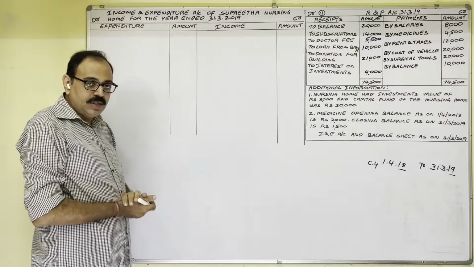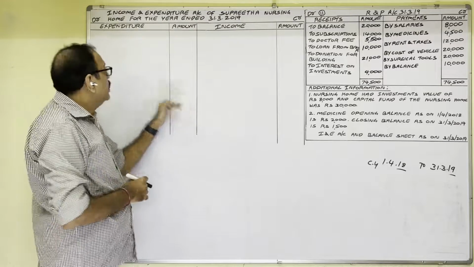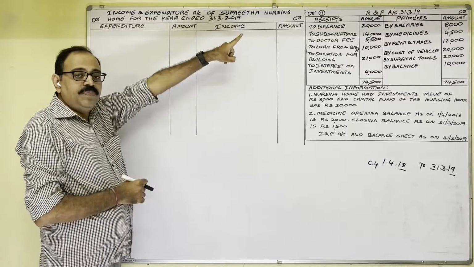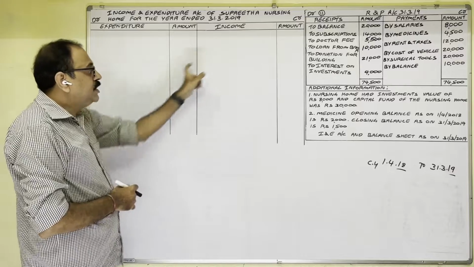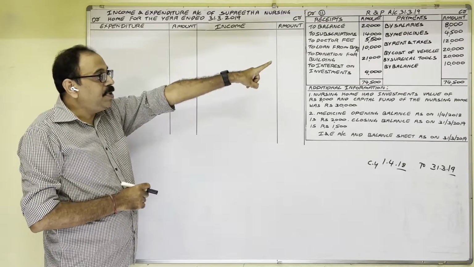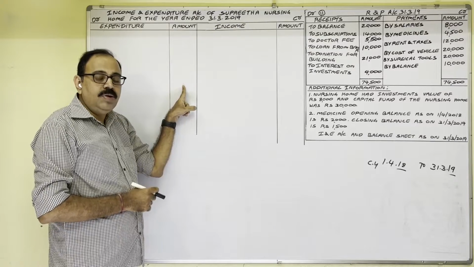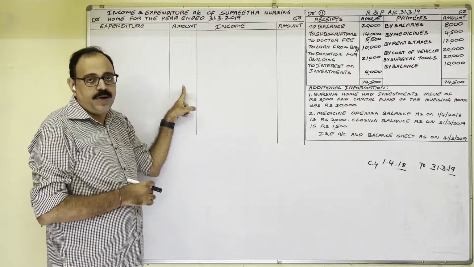That is the difference. Now the account contains two sides, debit side and credit side. On the debit side, we write expenditure. On the credit side, income. The basic difference between receipts and payments account and income and expenditure account I explained in previous problems. Anyhow, I'll give you a small idea.